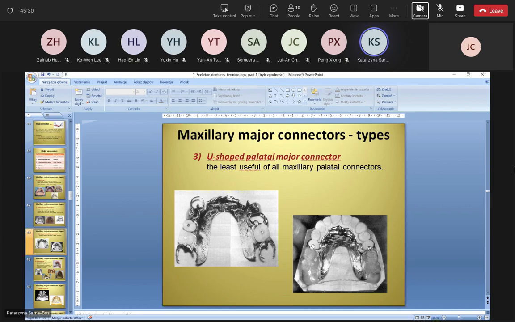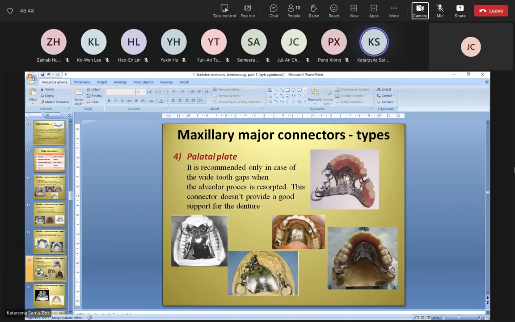Here we have the third example, the U-shaped palatal major connector. This is the least useful of all maxillary palatal connectors, but you should know that such kind exists.